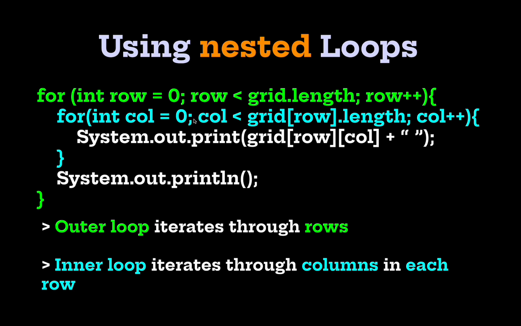However, for the inner loop, we need to specify that we are referring to this particular row. And so the way to do that is, say for instance, we're looking at the first row, which of course has an index of 0, right? And you will see this shortly, but I'm just stating here that the first row would be grid 0, dot length, and that would give us the length of the first row.